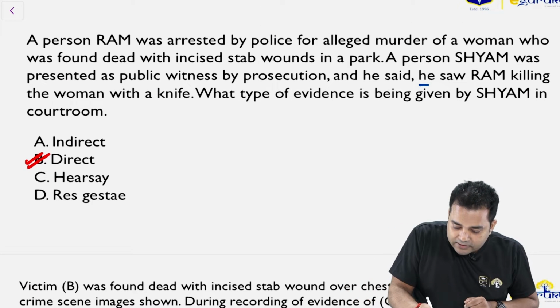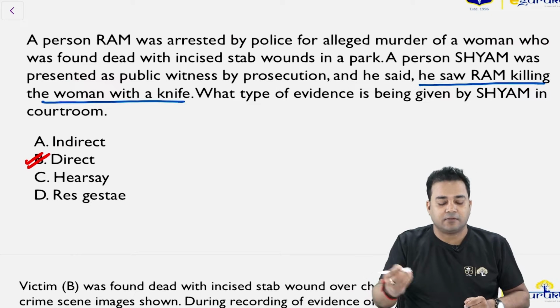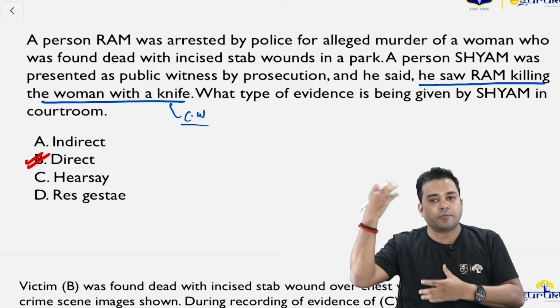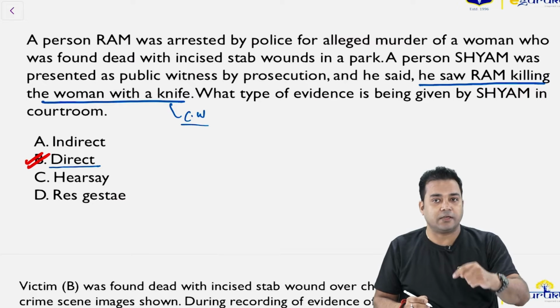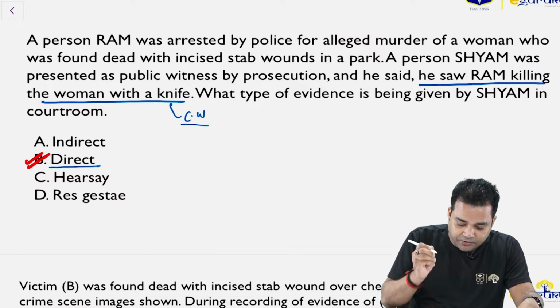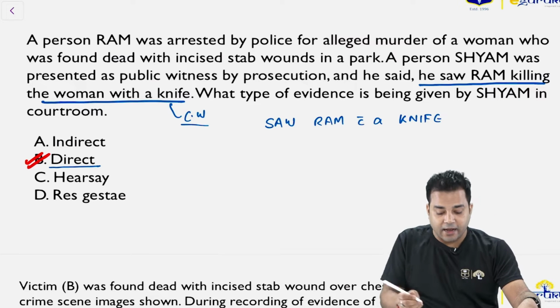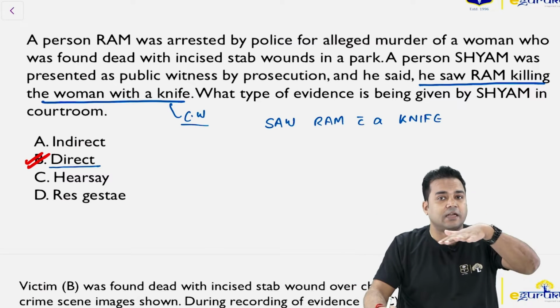Now, look at this question again. When the witness has seen the actual crime happening, the witness becomes a common witness, and I will recall that common witnesses acquire which type of evidence? Always direct evidence. In the same question, if I say that this witness saw Ram with a knife running behind the female and later on the female was found to be dead with inside stab wound.